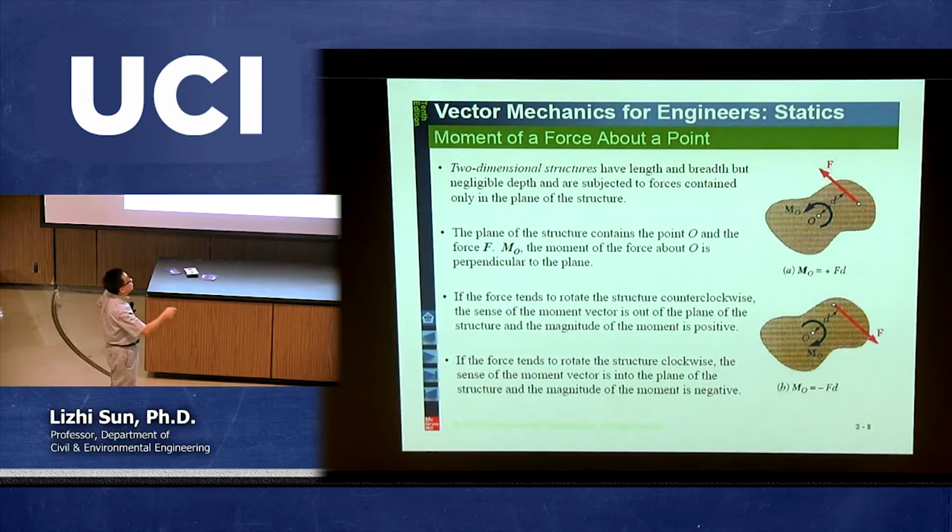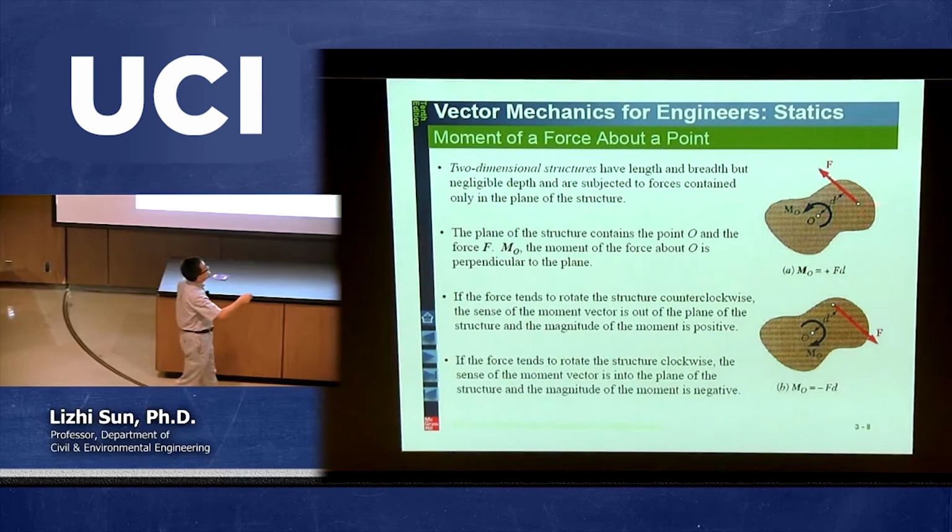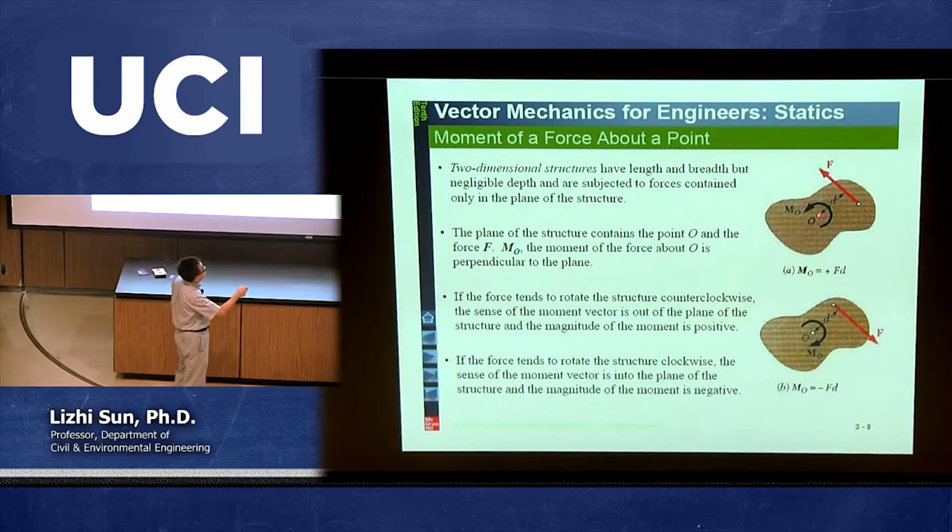So if there's a force acting at a certain point in this plane, then one question is, what is the moment of this force about another point O? And this point O must also be in that plane in order to be called a two-dimensional problem.